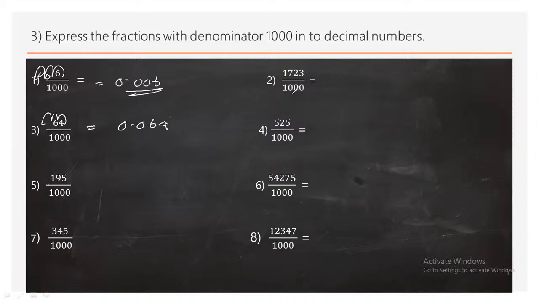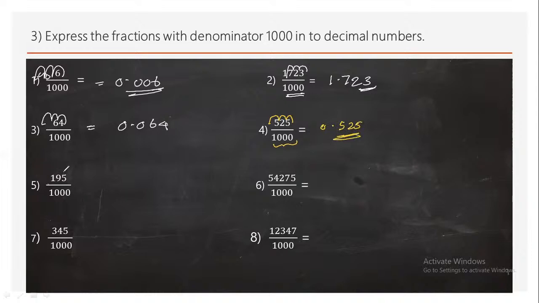Here 3 zeros below the line at the denominator, 3 decimal places towards the left-hand side, 1.723. Here 3 zeros below the line, 3 decimal places towards the left-hand side, 0.525.